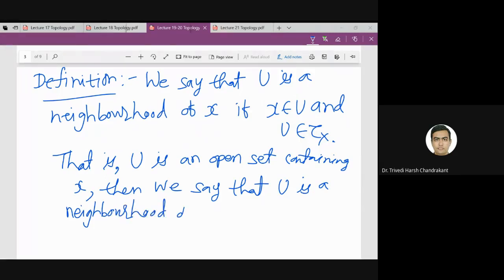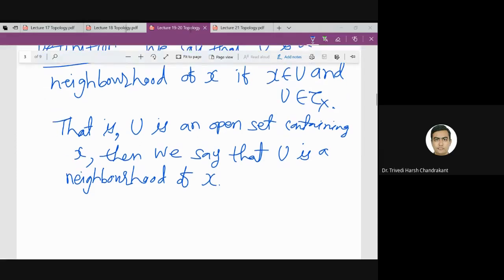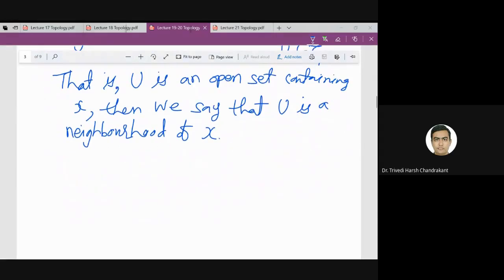Neighborhood depends on the open set, and the open set depends on which topology we are considering. So now we have the notion of neighborhood. Neighborhood means the open set containing the given point.